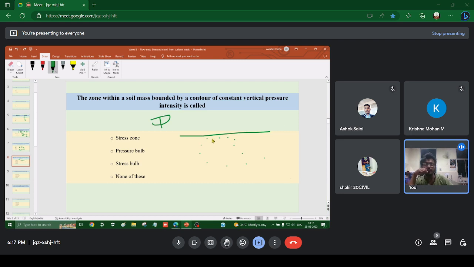Suppose within a soil mass, these are the points of equal vertical pressure. Now, if I join all these points like this, then this line is called an isobar, right? And this contour of constant vertical pressure intensity is also called an isobar.